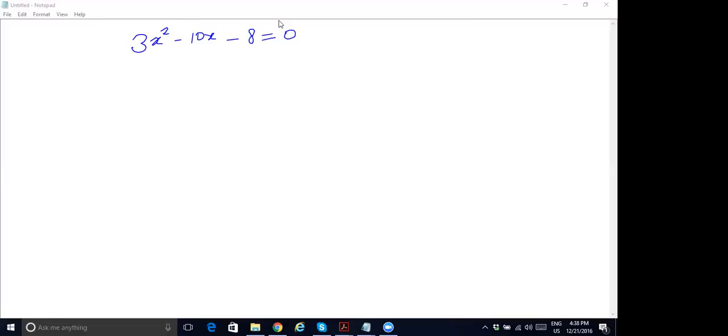How will you solve this equation by using factorization? Factorization is the process in which we convert the quadratic equation into x minus alpha and x minus beta.